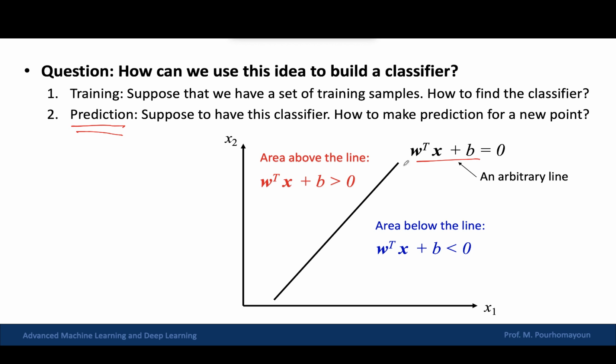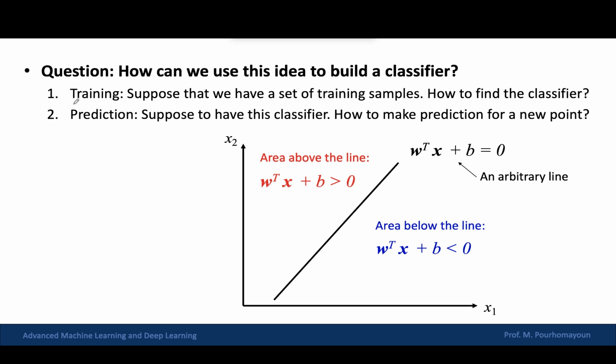So you have this line. A new data sample, a new point comes, and you put this data point in the equation of the line. If it is positive, you predict it's on this side. You predict sunny. If it's negative, you predict rainy. That's it. So prediction is very simple.